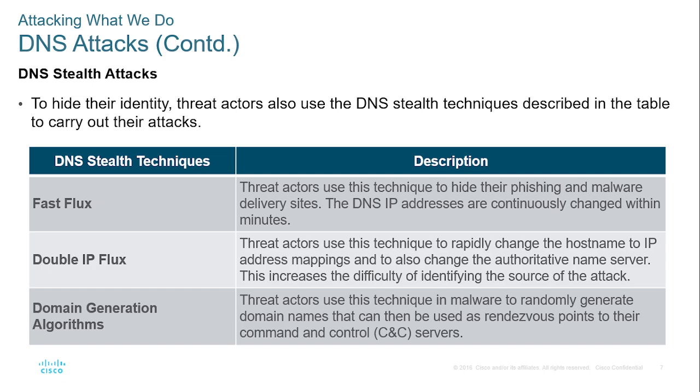You won't be able to tell whether the domain that you're seeing is a phishing or malware delivery site, because the name of that site keeps on changing very fast. It's the same site that is delivering malware, but it keeps on changing very fast.